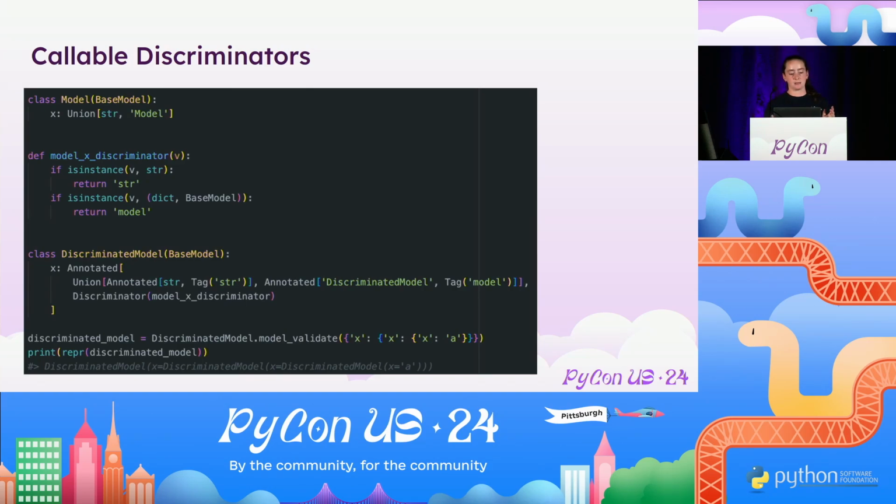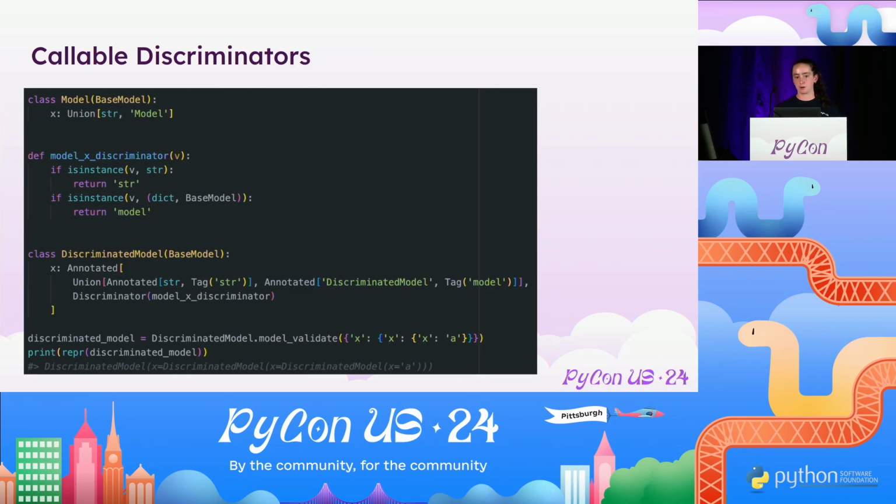So let's say, in this case, you want to use the type of the V data to determine which model you want to validate against. You can do that with a callable discriminator, but not so easily with a string type discriminator, which can only discriminate based on a certain field's literal value.